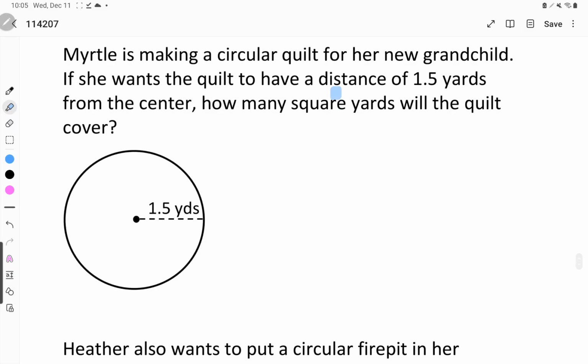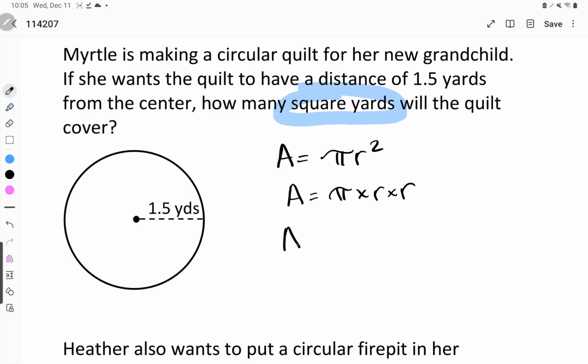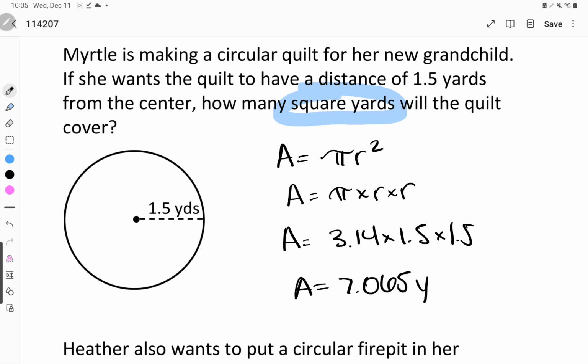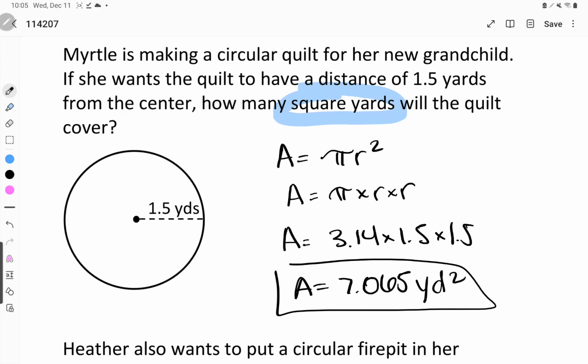And it says square yards right here. And remember, if it says square yards, then we are finding our area. We only have one formula, which is pi times radius squared, or pi times radius times radius. So I would do 3.14 times 1.5 times 1.5, which would give me a total of 7.065 yards squared.